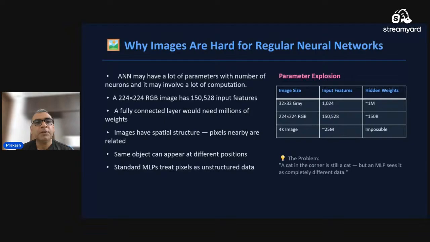Basically, the details are that an image has a lot of pixels and spatial structure, so patterns can go in a corner, and then up and down. It can go anywhere, right? To find those kinds of patterns, the regular NN may not be the right choice.